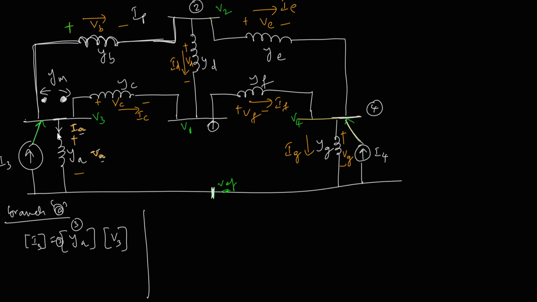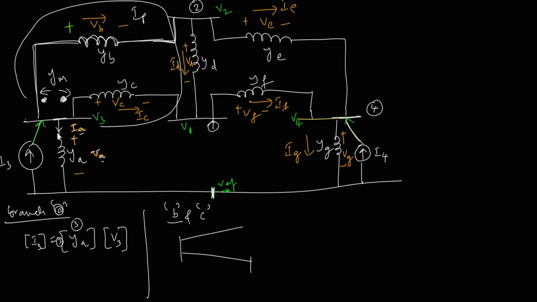And what about the building block for branch B? Branch B and branch C are mutually coupled like this, and they are connected between buses 3, 2 and 1. One bus is common here.